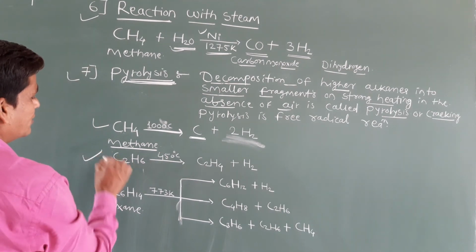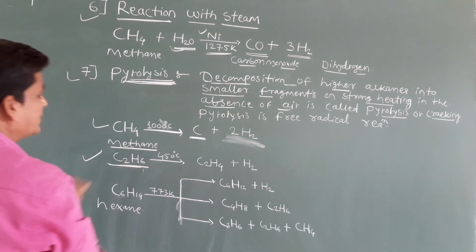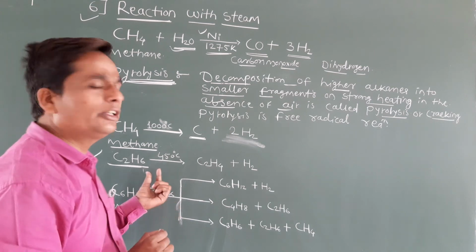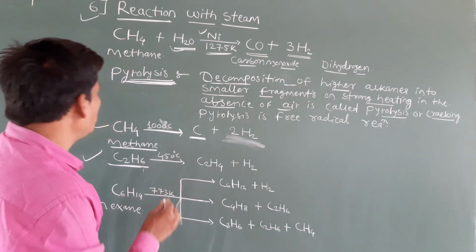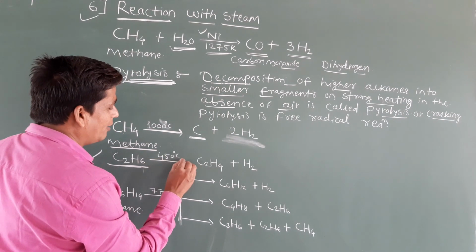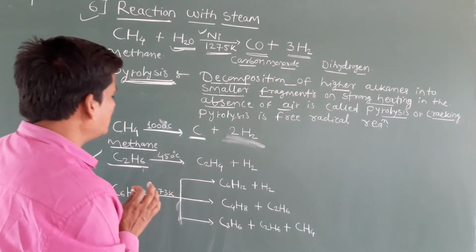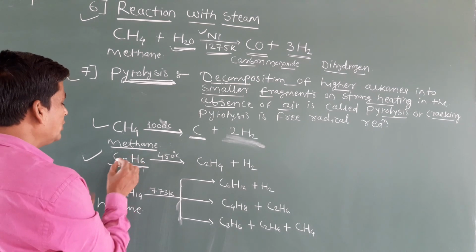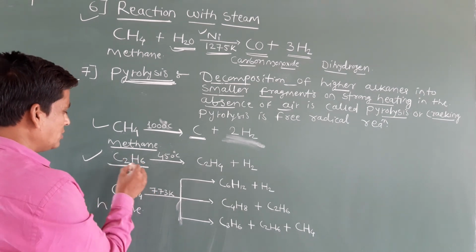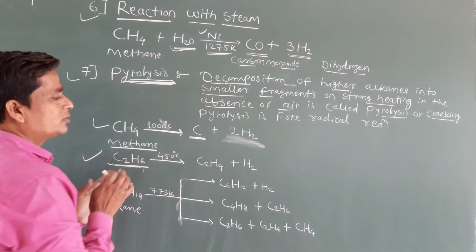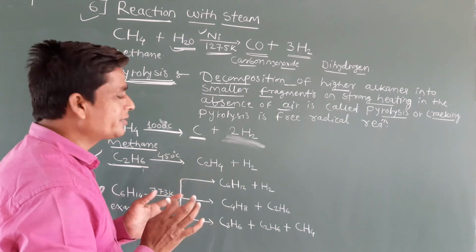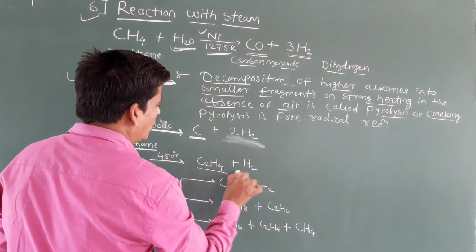See the other reaction, students. Here I have taken C2H6. C2H6 we know is ethane. When we heat ethane at 450 degrees Celsius, it breaks down into two smaller fragments. Dihydrogen is released and it forms C2H4 and H2.